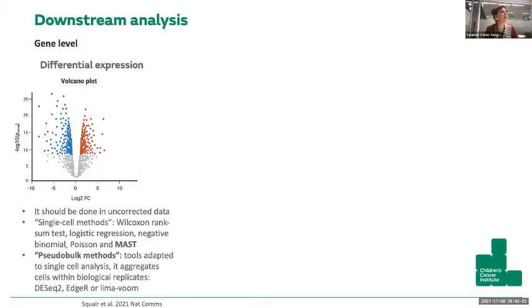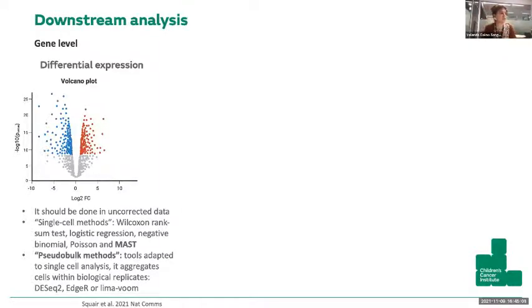And MAST is like also a single cell based method that has been recently developed and apparently outperforms the others because it considers the fraction of genes that are detectably expressed in each cell, so it corrects for that.